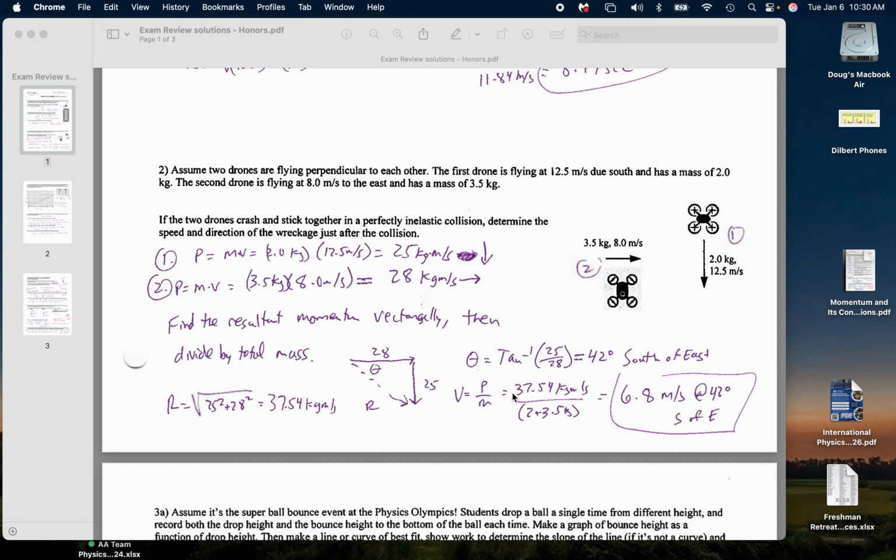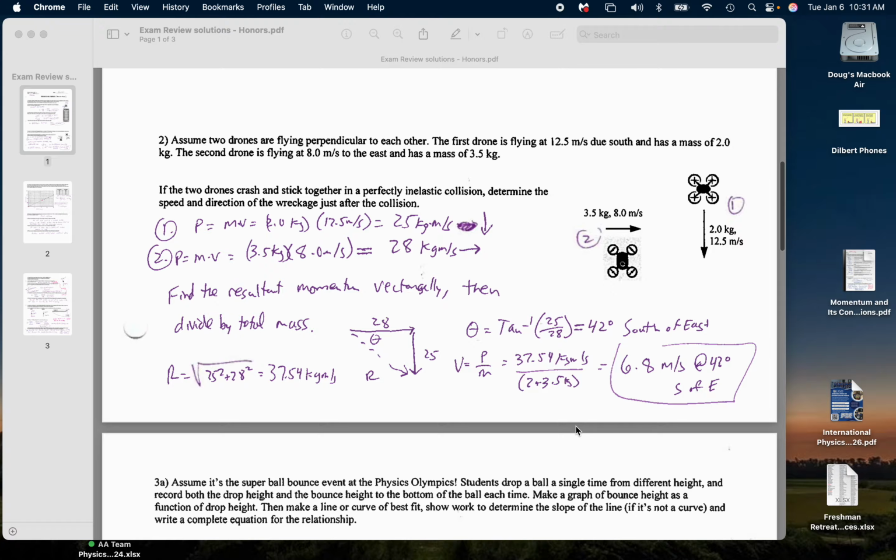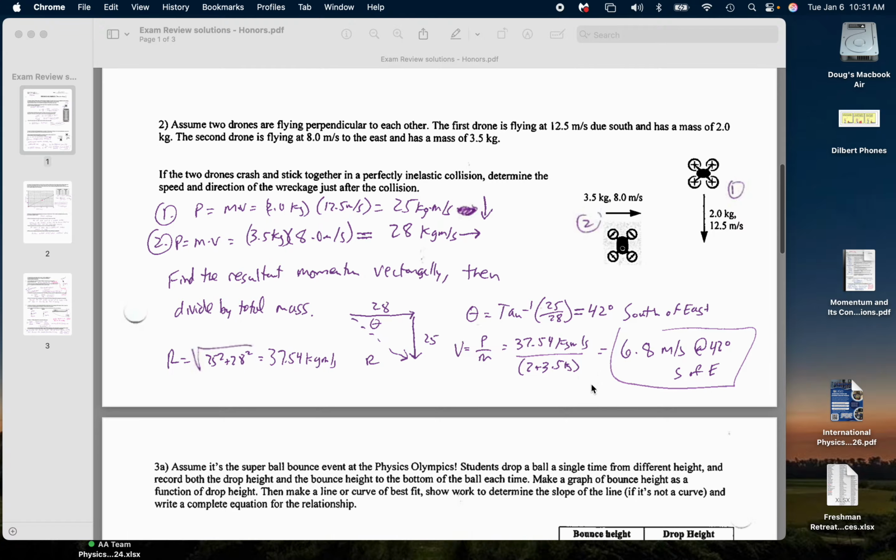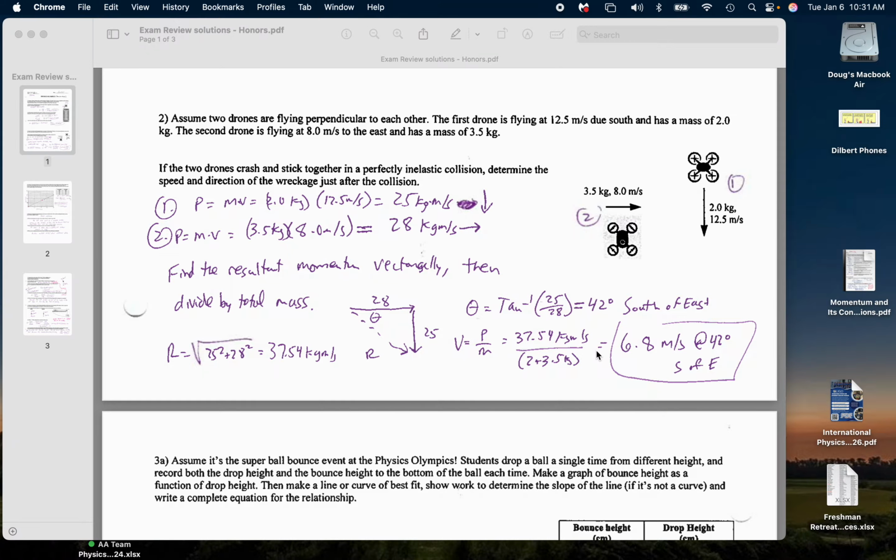This total momentum from the Pythagorean theorem, 37.54, divided by the mass, 5.5 kilograms, gives a total speed of 6.8 meters per second. Using inverse tangent for the direction, I get 42 degrees south of east. Depending on how you drew it, you could have gotten 48 degrees east of south.